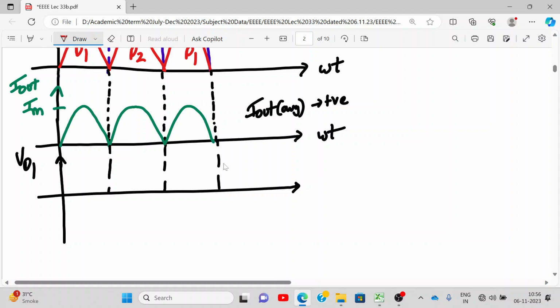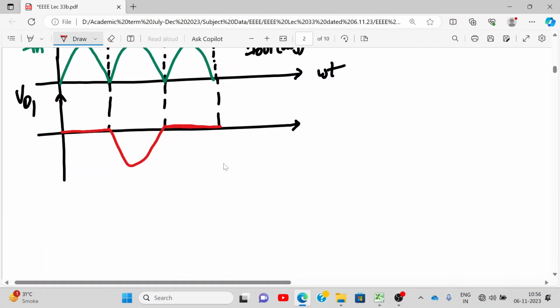On. Correct? And in the other half, the negative half cycle, it will follow the input, which is negative. And again off, and again it will follow the input. So this is VD1 and this is minus Vm.